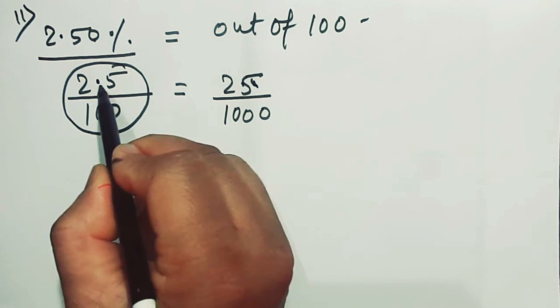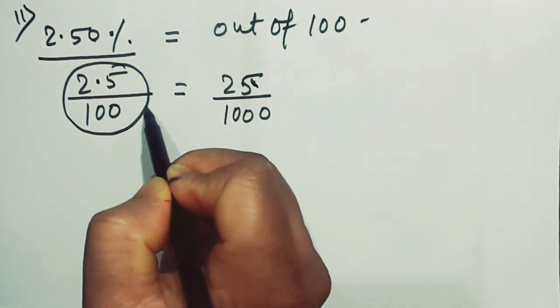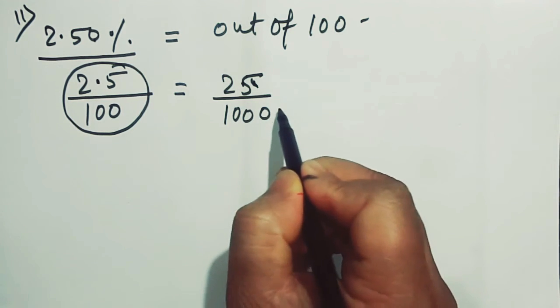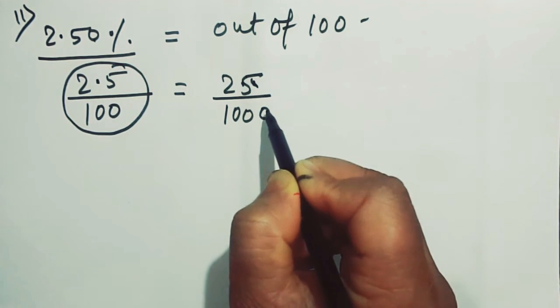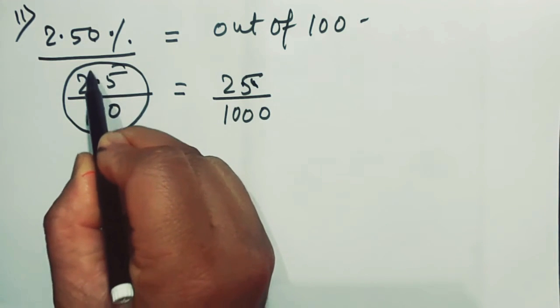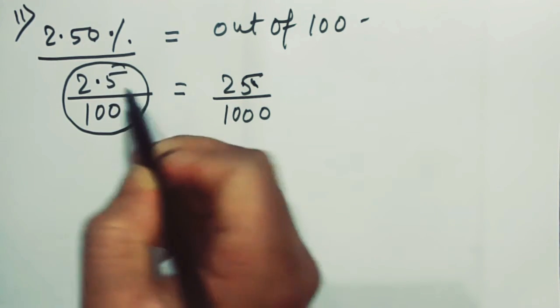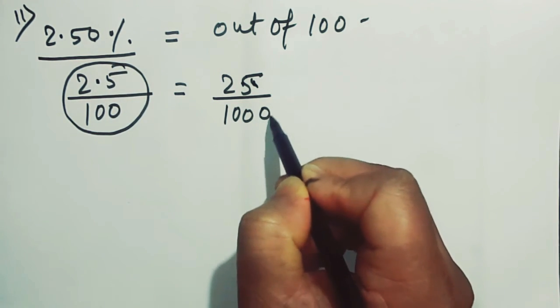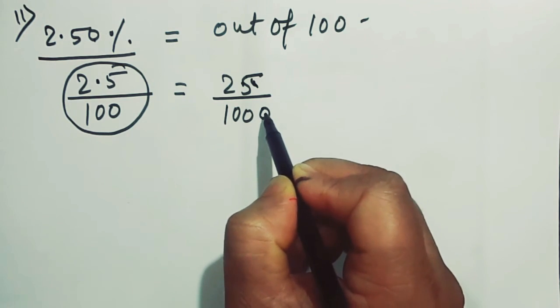So when we remove the decimal towards our right hand side, we put 10 in the denominator, isn't it?